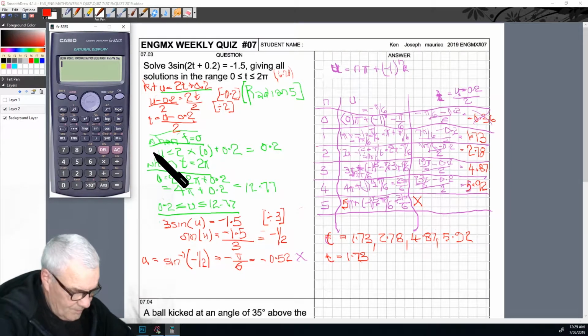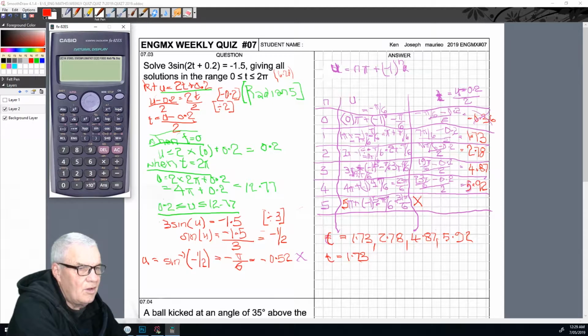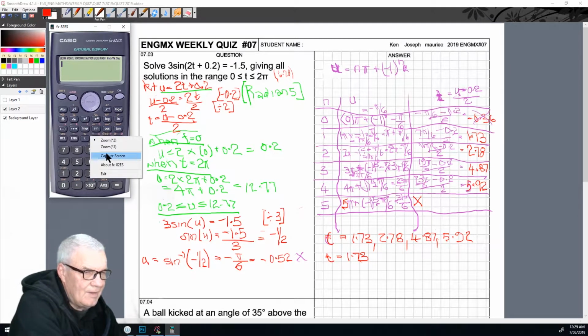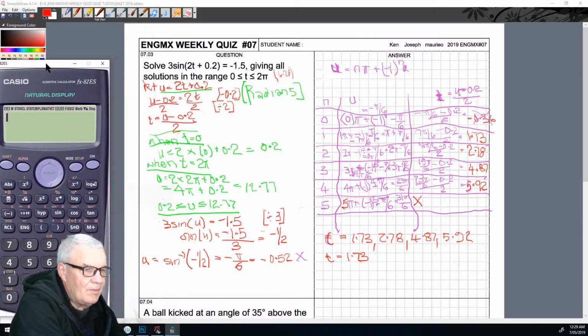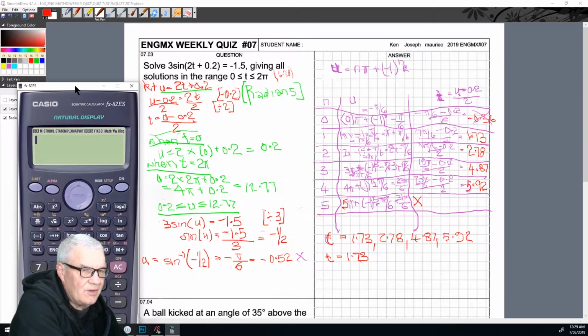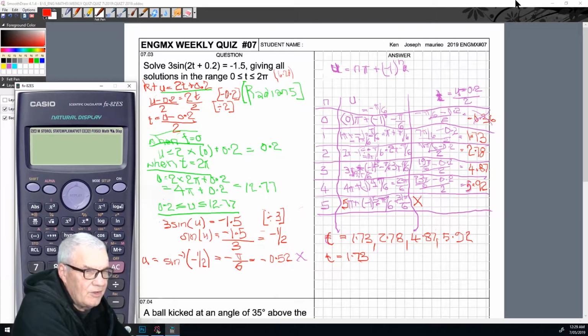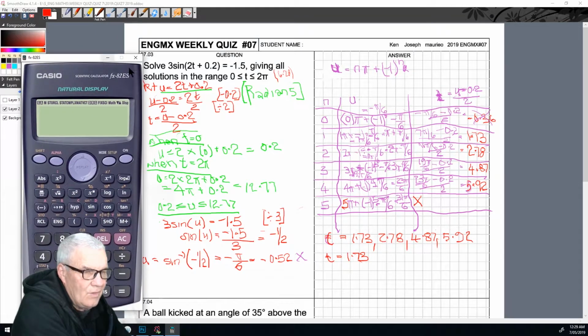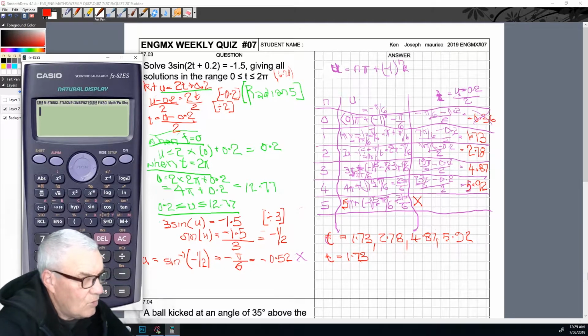I just might make this calculator a little bit bigger, actually. Oh, that's better. Okay. All right. Oh, can we see that all? All right. Now let's just have a quick check here.